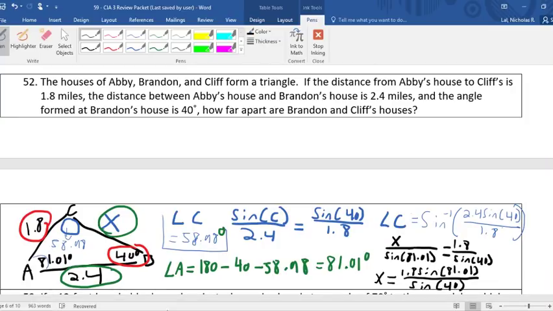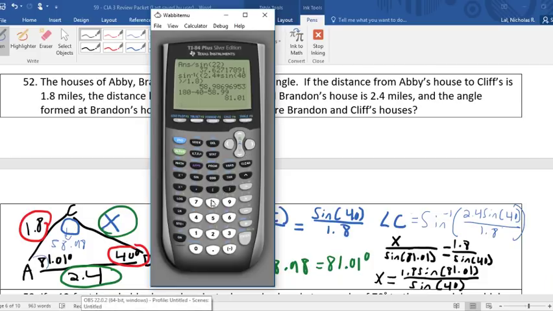And from this point, we can take our calculator and do 1.8 times the sine of 81.01 divided by the sine of 40. Alright, 2.765.